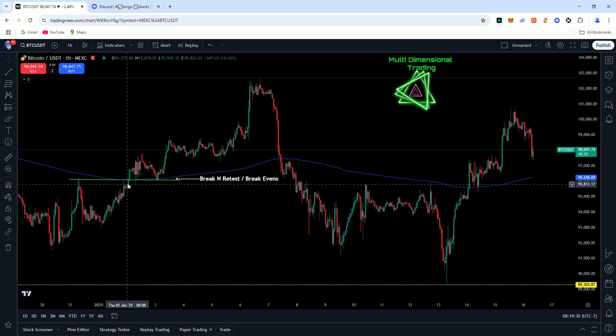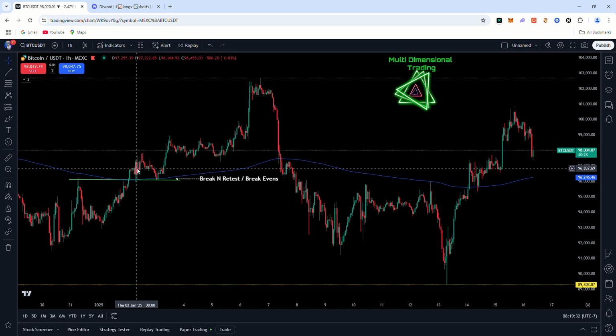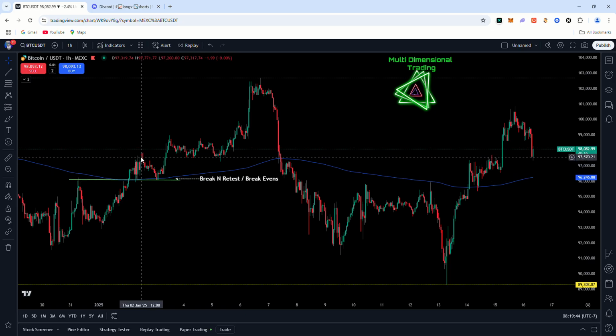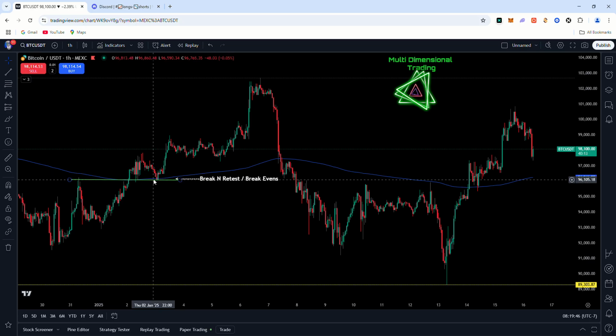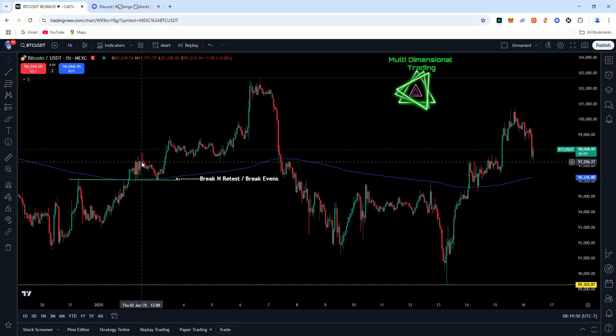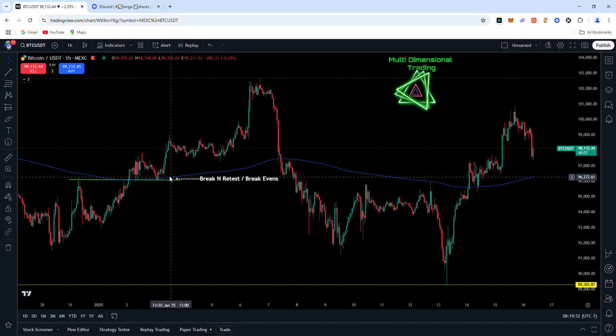levels? So if it breaks up, we're getting in on the retest of the level. Okay, we're going to be having our contract sitting here waiting for it to come back down and fill us so we can buy. That is how we take advantage of the break and retest, or break evens.